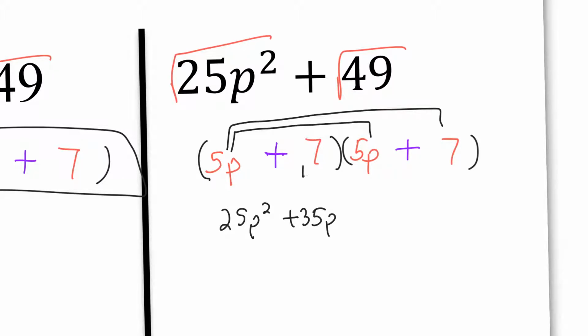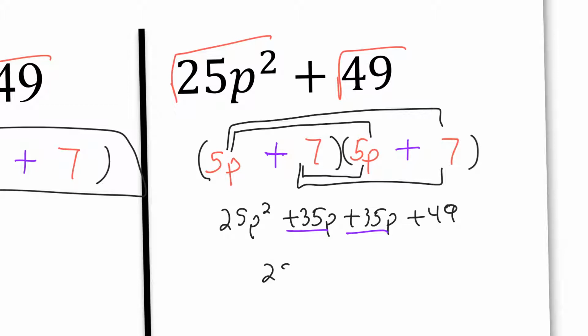And if you multiply positive 7 times 5p, that's positive 35p. And positive 7 times positive 7, that's positive 49. Look at the middle. 35 plus 35, that's going to be 70. So we get 25p squared plus 70p plus 49.